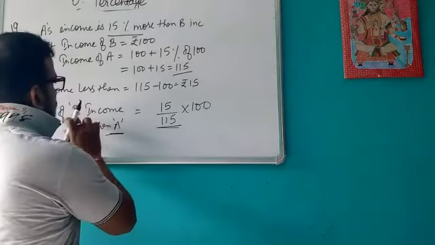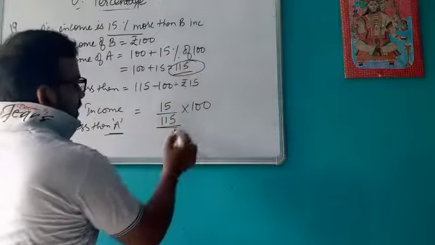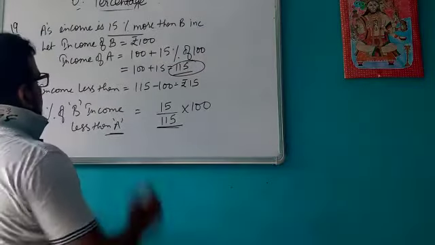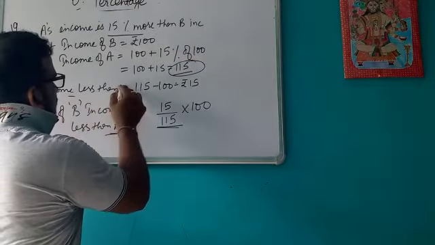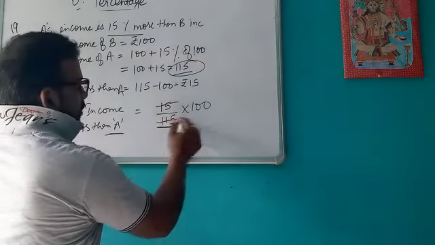So we have to calculate the percent of B's income less than A. So what was A's income? 115. So it will come into the denominator. And how much is B's income less than A? 115 minus 100, that is 15. Then we will solve it.